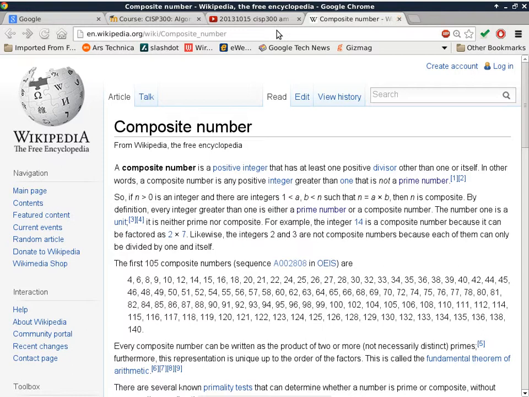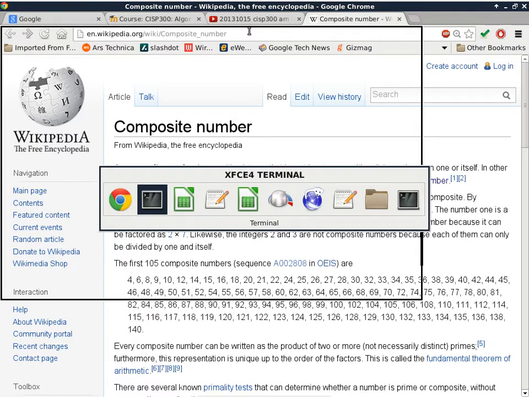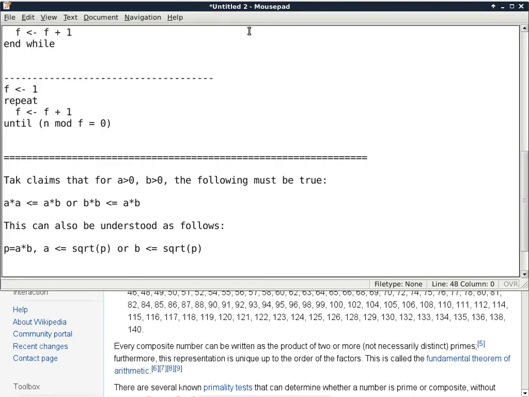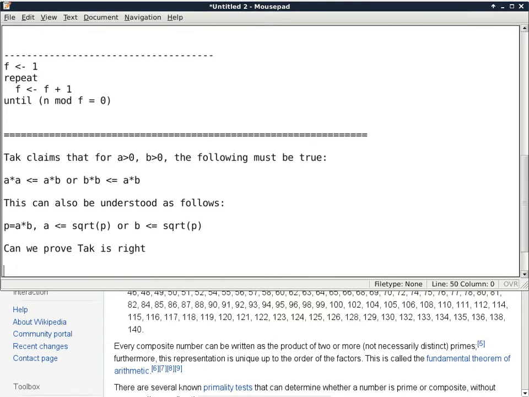Right. So let's go back to our example here, and then we'll say, can we prove that the theorem is right? Because that's what I'm claiming. Let me just re-point out what I'm claiming here. A is greater than 0. B is greater than 0. Then the product has to relate.